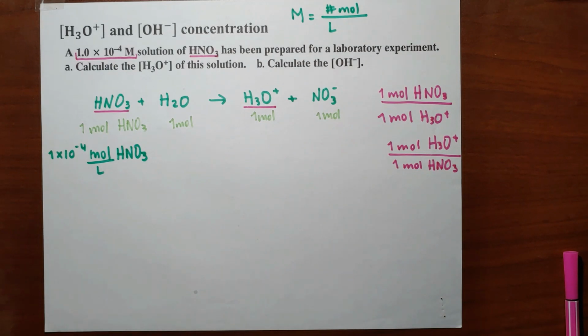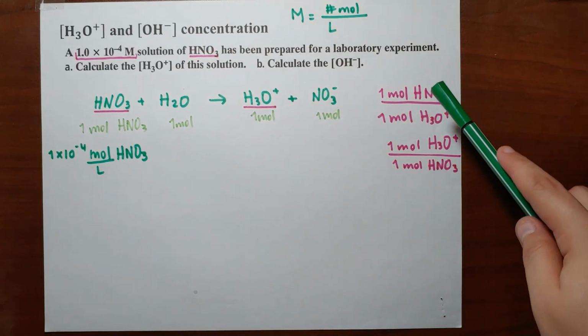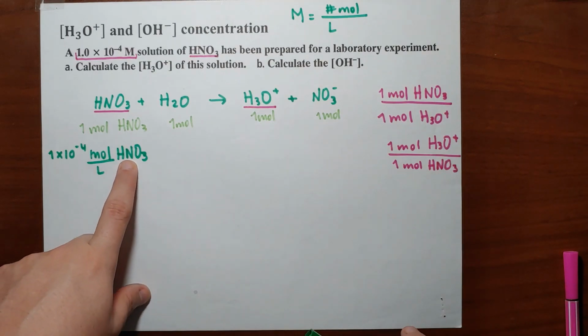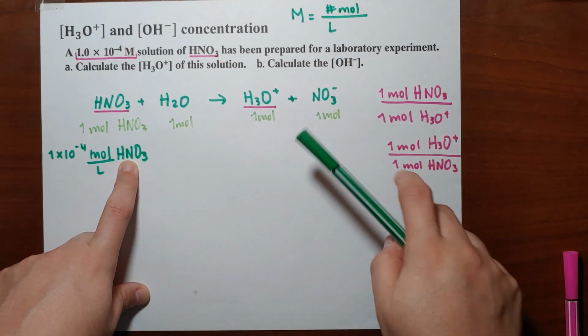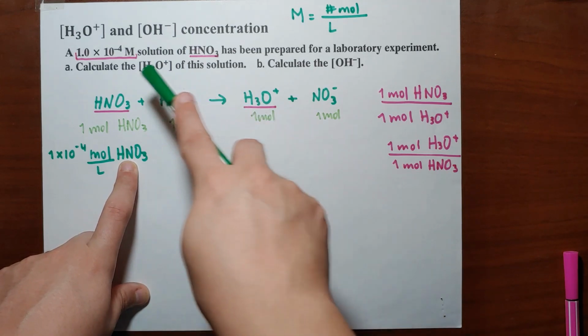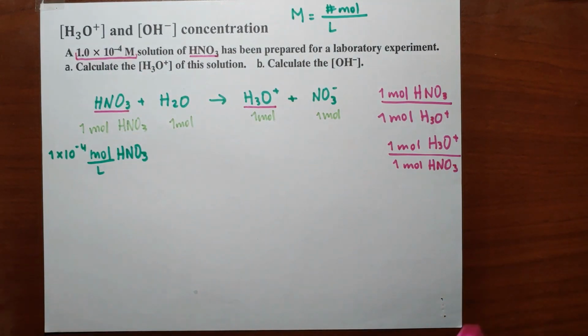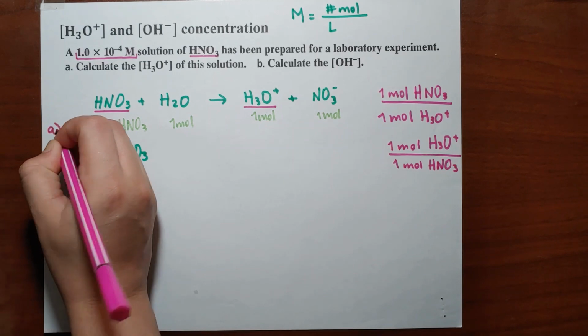Now, this we're going to multiply times the molar ratio in order to cancel nitric acid, because I need hydronium. Okay, this is the part A. I need hydronium ions.